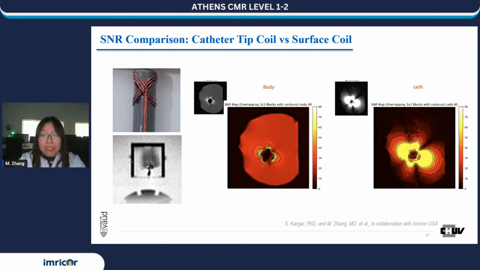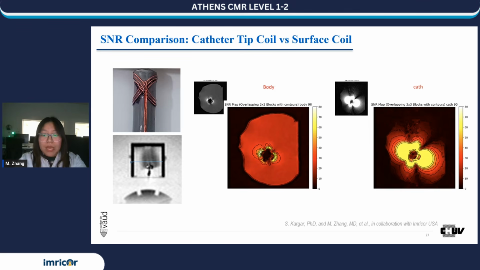Here we can see the comparison of signal to noise ratio between the catheter tip coil and the conventional surface coil. On the left side, you can see our prototype catheter tip coil. It was mounted with a phantom and scanned in an MRI system.